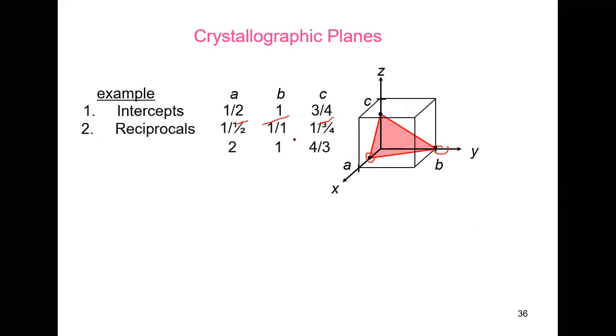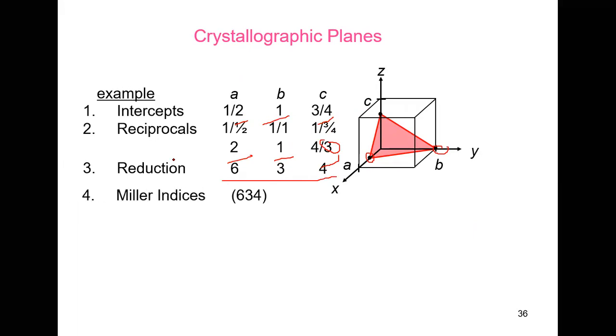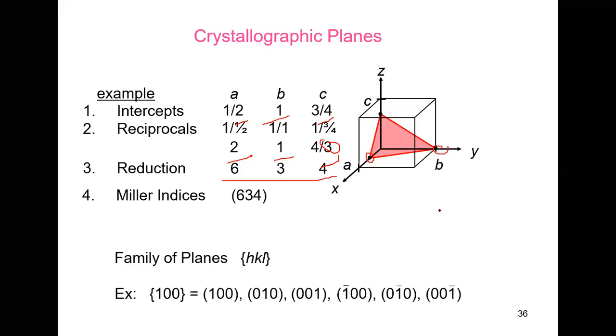And then take the reciprocal: the reciprocal of half is 2, then 1, and the reciprocal of 3/4 is 4/3. And the next task is to convert them into integers. To do that, you have to multiply all by 3. So it will be 6, 3, 4. And there is no common factor. So you just put it in the first bracket as (6 3 4) without any comma. So that's the Miller index display.